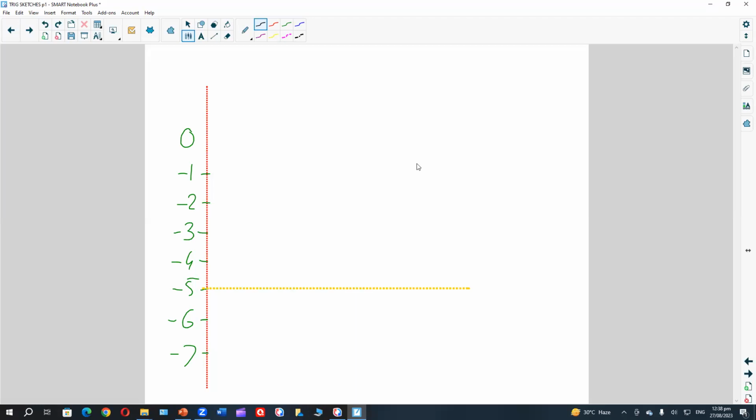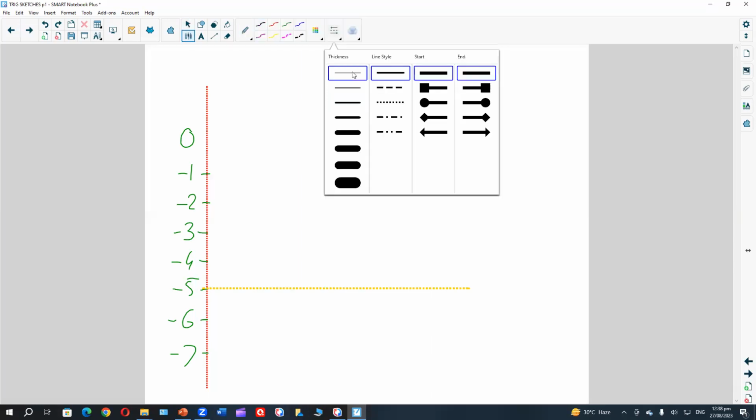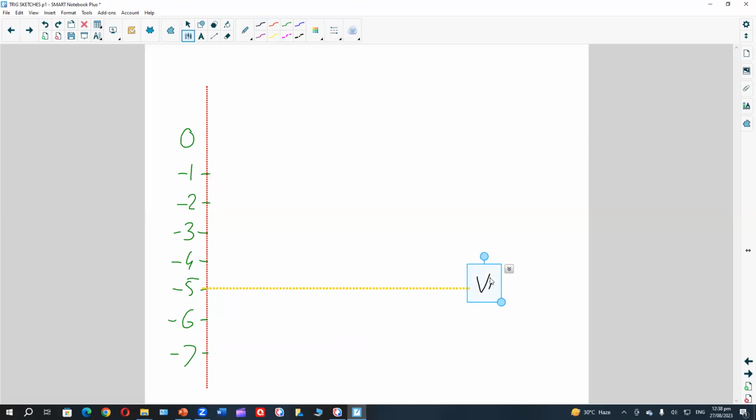Draw the virtual axis on -5. Okay, after drawing the virtual axis, draw the graph, the sin x graph.